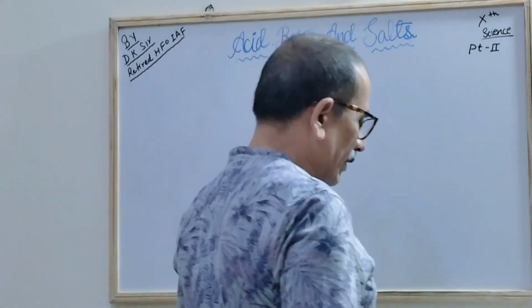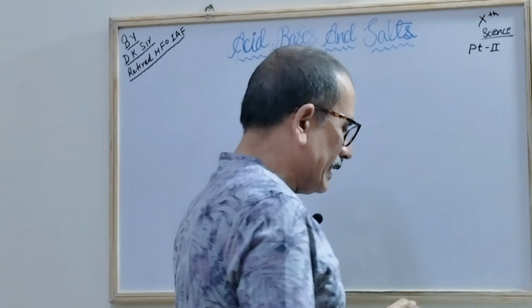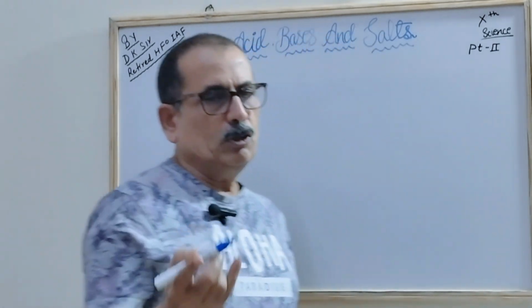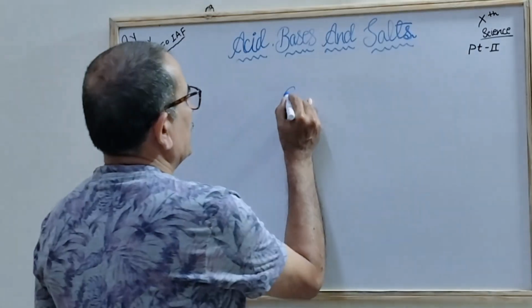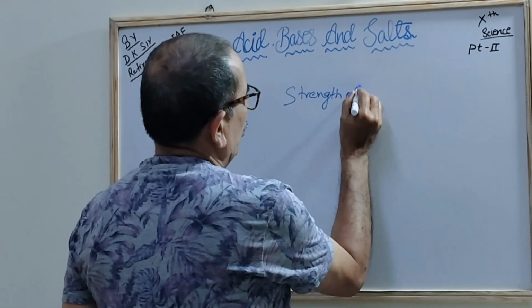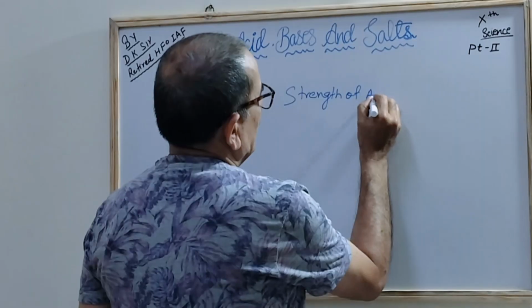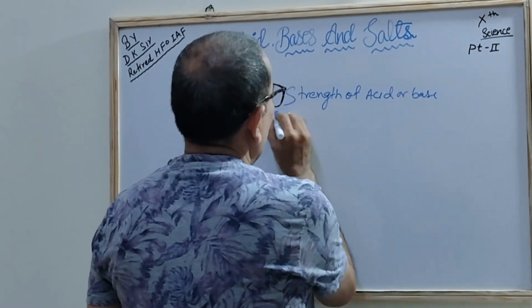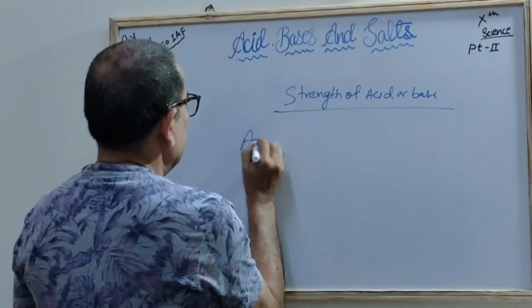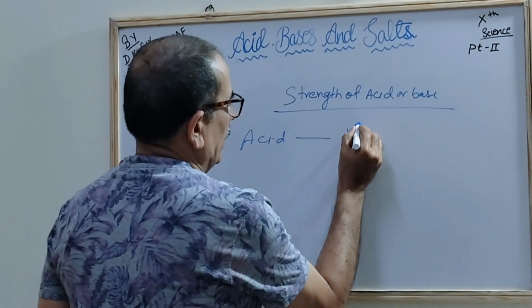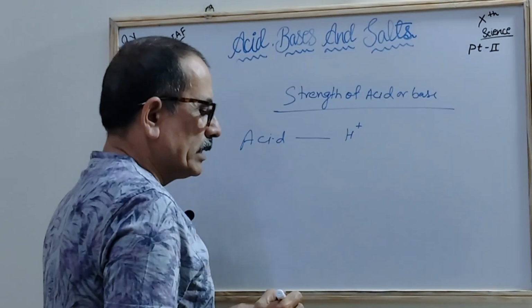Now the extent of the acid or the base depends upon the number of the H ions. So you know how to understand the strength of acid or base. In the acid, the important thing is the H plus, the hydrogen, correct?